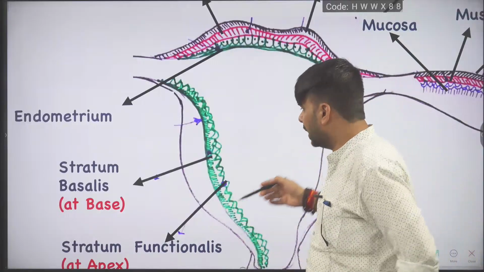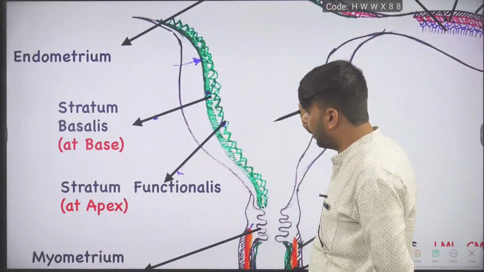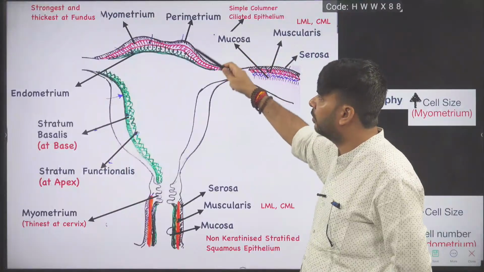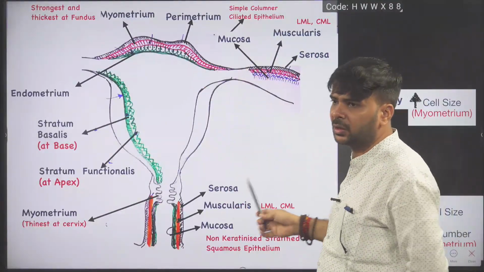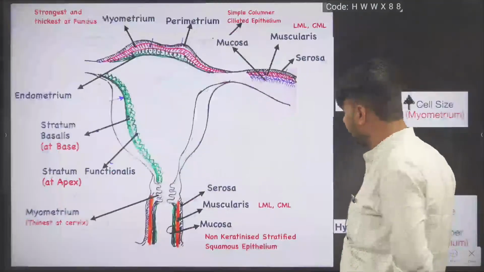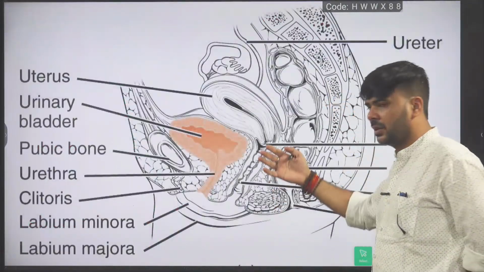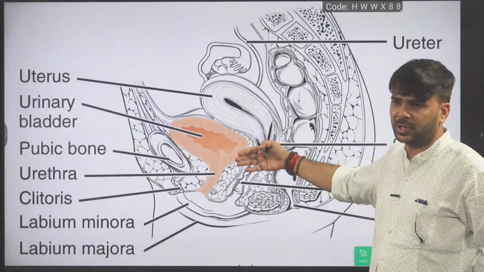Okay. Clear? The 3 layers are endometrium, myometrium, perimetrium. Only these 3 layers are required to understand. Everyone clear?